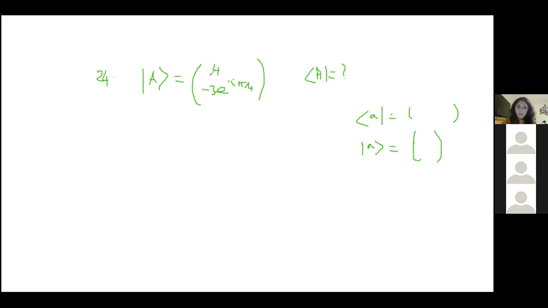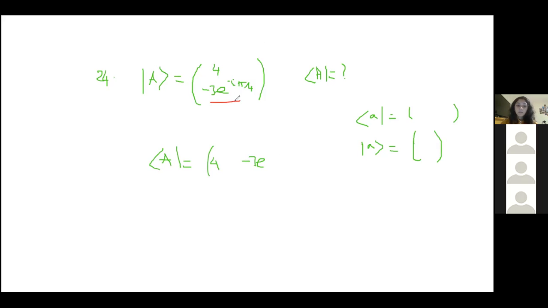We have 4 minus 3e to the minus i pi over 4, and if you want to take the transpose, we have 4 as the first element, and rather than a column, we have a row. The next element would be negative 3e, but remember it's not just a normal transpose because we have this complex term here.